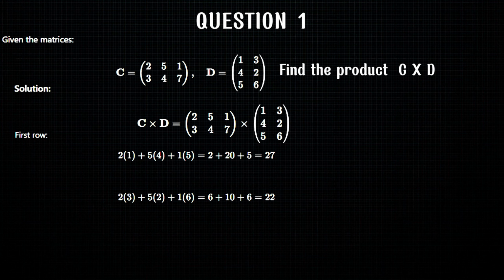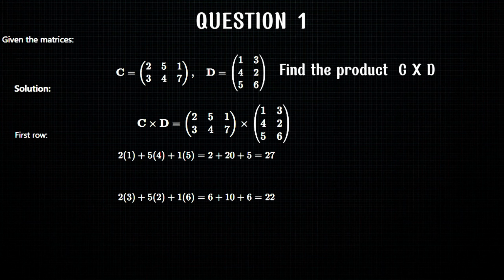So it will give you 2 plus 20 plus 5, which equals 27. And the same first row, we use to multiply the second column. That will be 2 times 3 plus 5 times 2 plus 1 times 6. And that will be 6 plus 10 plus 6, which equals 22.